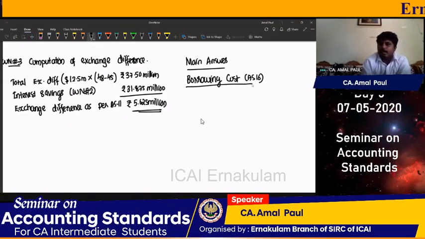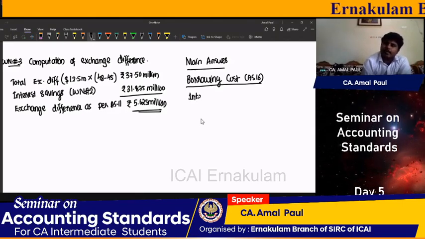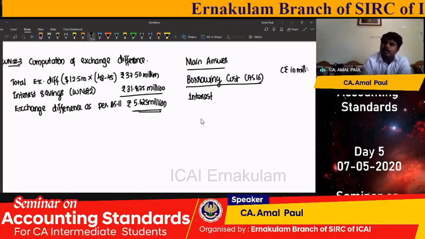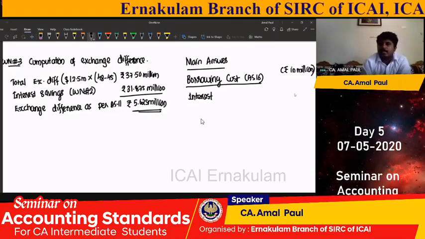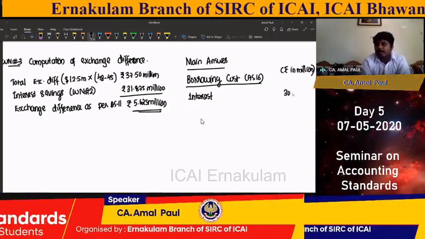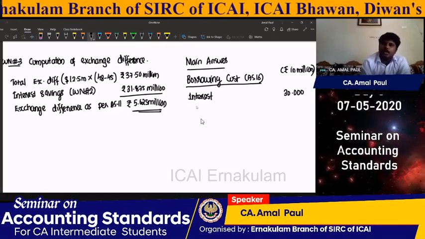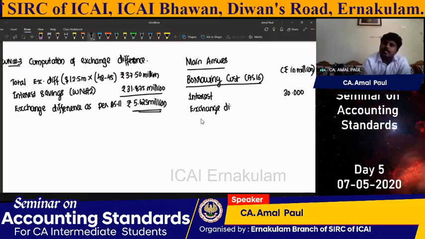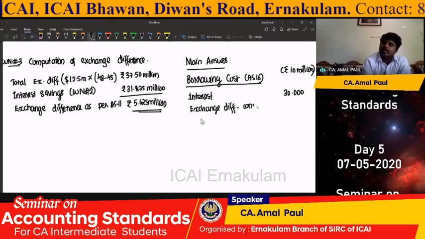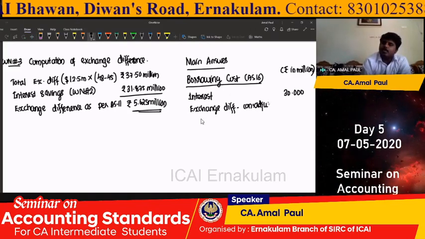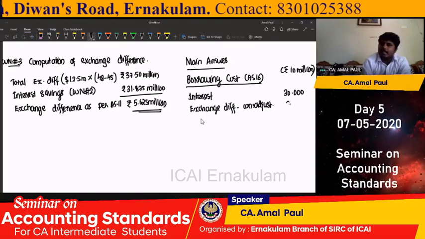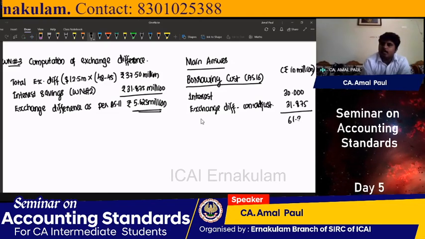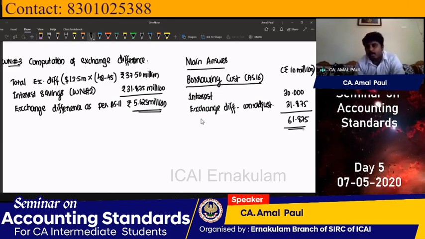First you are having some interest, rupees in million, that is nothing but 30 million rupees, and you are having exchange difference considered as adjustment to borrowing cost, that is 31.875 million. Therefore 61.875 million is your borrowing cost.